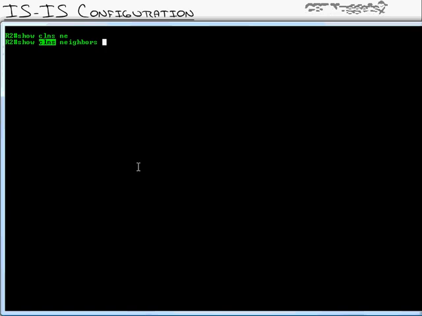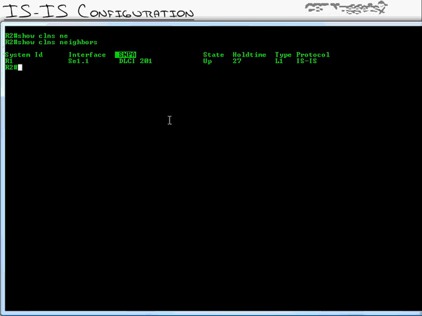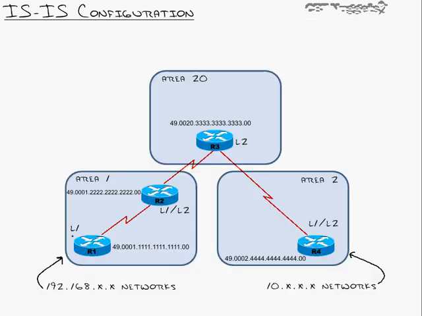So I'm going to type in show CLNS neighbors, and we can see on router 2, it is seeing router 1 out serial 1.1 as its interface. Now you see this SNPA. That stands for Subnetwork Point of Attachment. This will list whatever layer 2 mechanism you're using to get there. Now I happen to have router 1 and router 2, even though it's not shown in the picture, connected by frame relay.